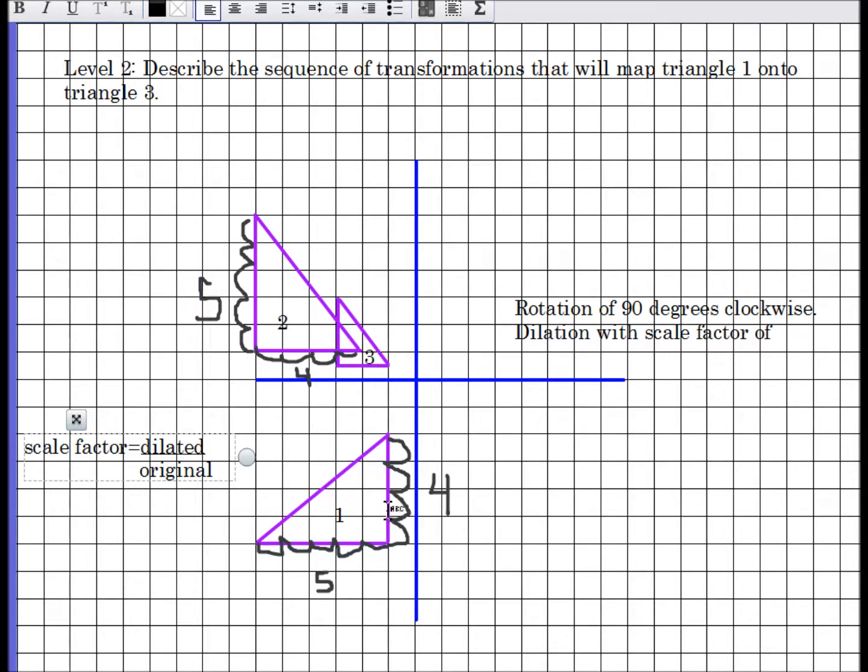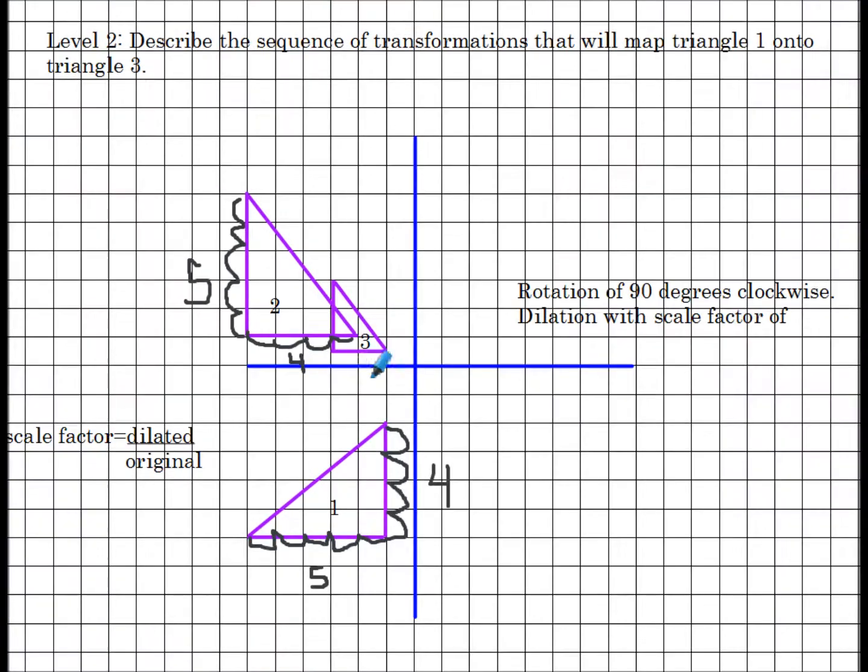Don't go back to this one. Let's look at what happens from 2 to 3. Better yet, change that. Let's look at what happens between 1 and 3. Let's see what happens from here to there, knowing that it was a rotation of 90 degrees clockwise. Okay, so now here is the height of the original triangle, which was 4.